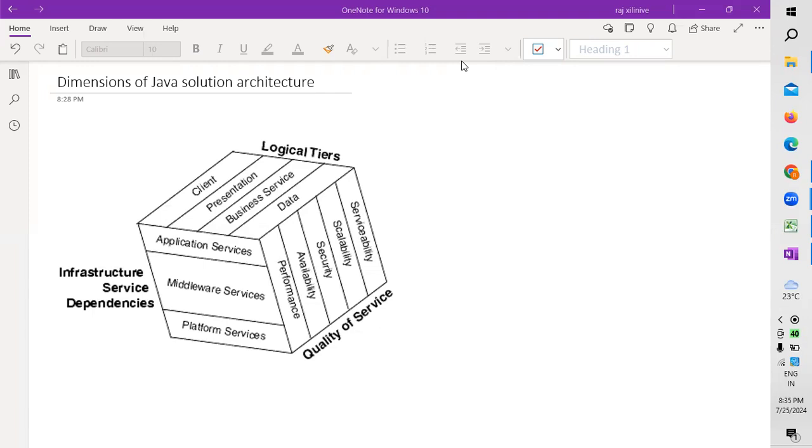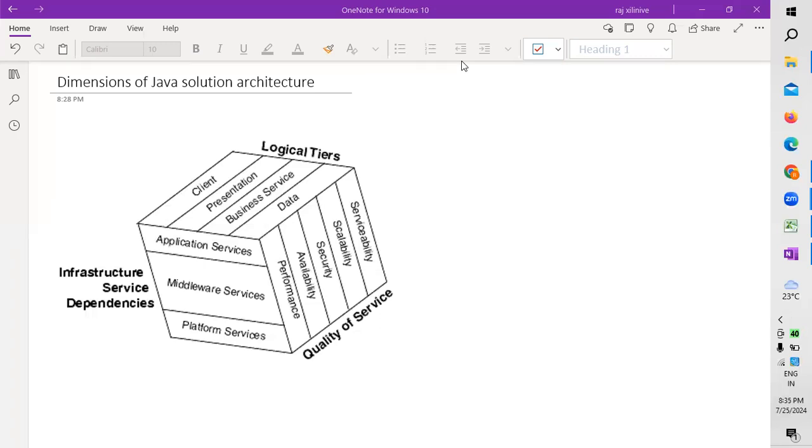Next, the logical types focus on the logical as well as physical independencies of the solution components, majorly for the purpose of deploying them across networks or different environments.